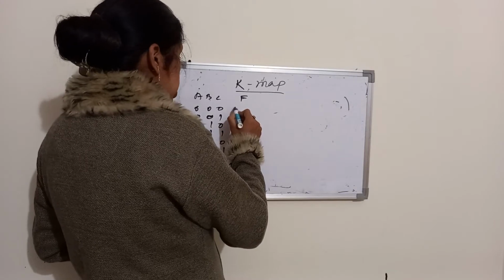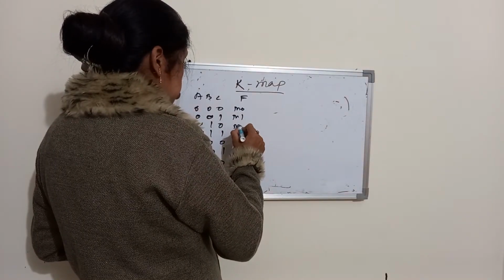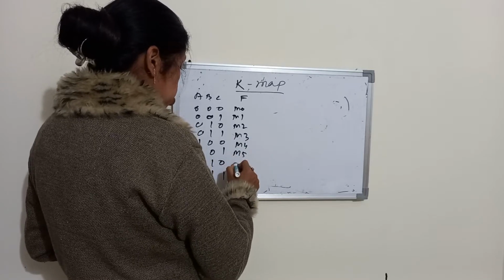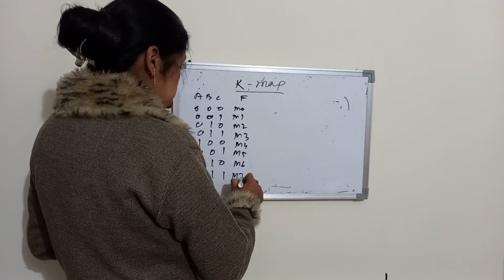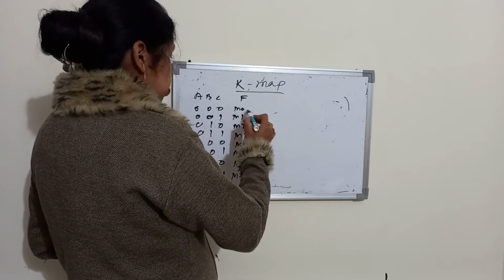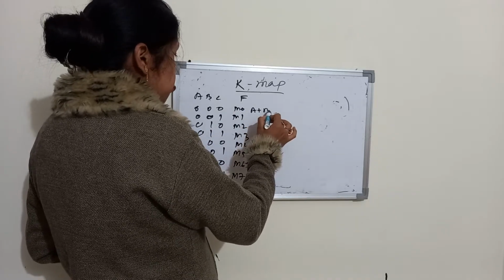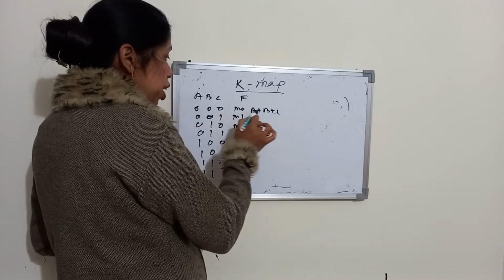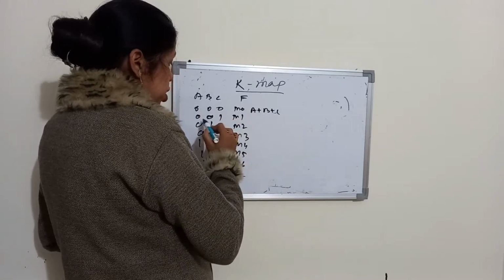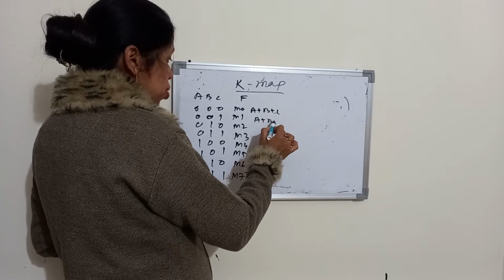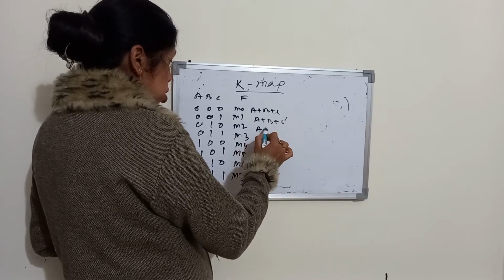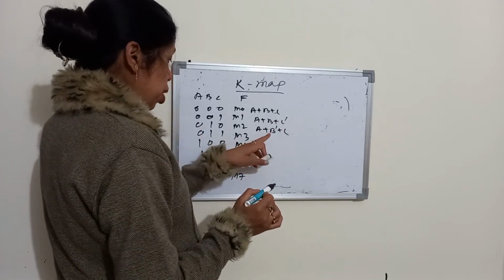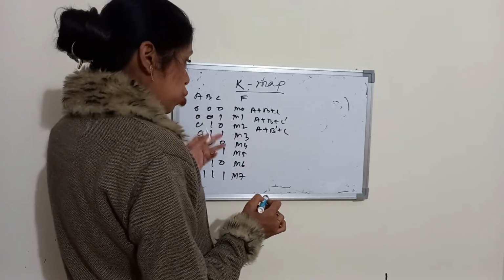So these max terms are M0, M1, M2, M3, M4, M5, M6, M7. This I can again write as: 0 means A, and if I am including A with B, I am putting plus. Here you can write A plus B plus C', A plus B' plus C. 1 means prime and 0 means not prime.